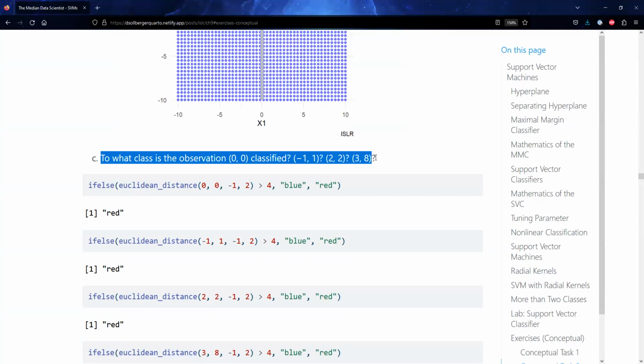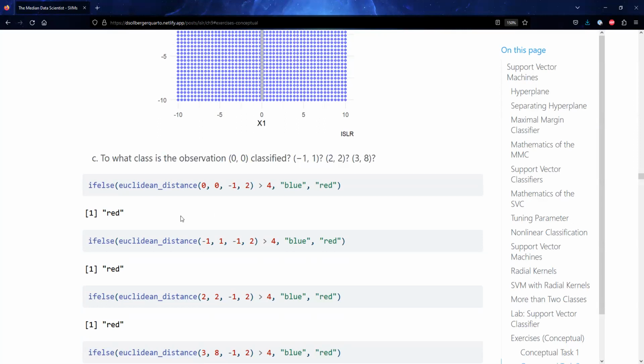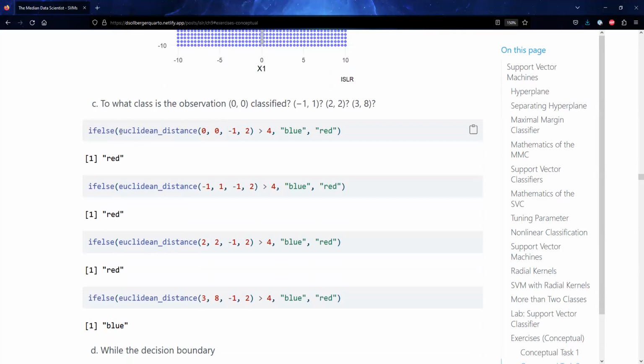The textbook then asked for these 4 locations, would it be classified as blue or red? And what I did was took the Euclidean distance, the Pythagorean theorem, put that into an if-else statement, which would immediately spit out the answers red or blue.